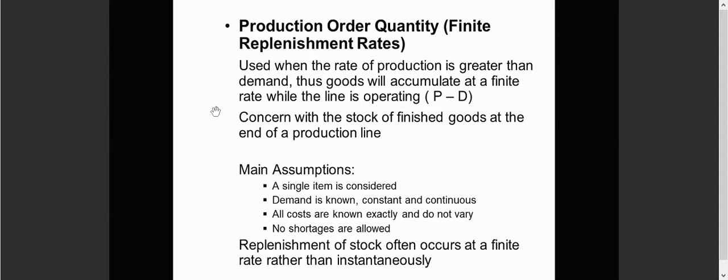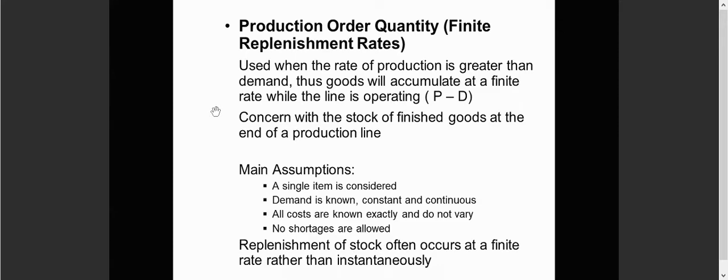So based on this assumption, the goods produced at a certain process will accumulate at a finite rate while the line is still running and producing the component needed by the next process. And this model is concerned with the stock of finished goods at the end of the production line.